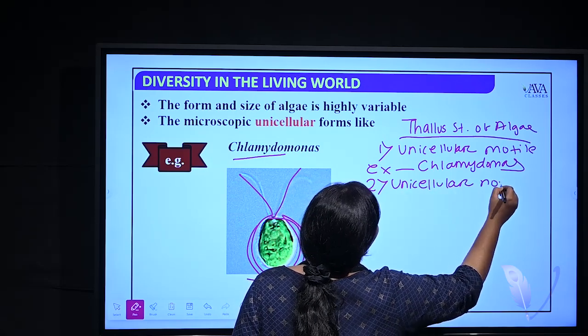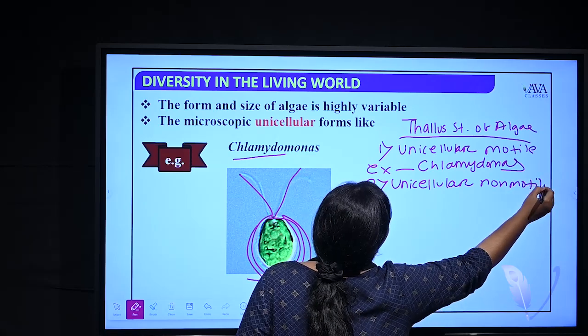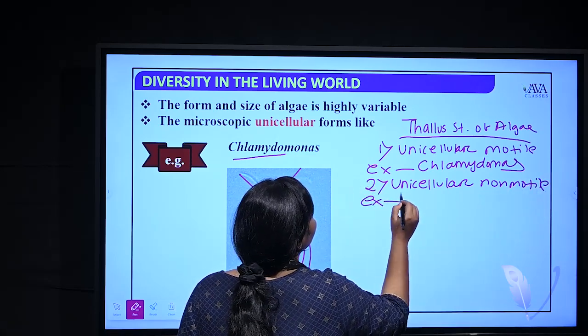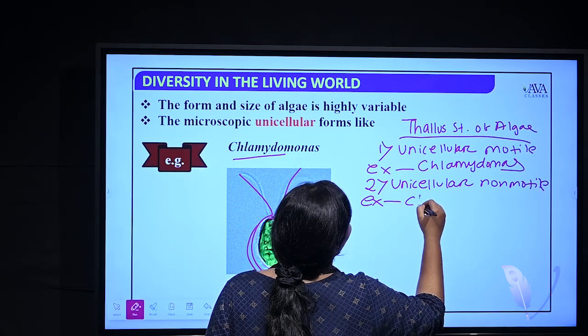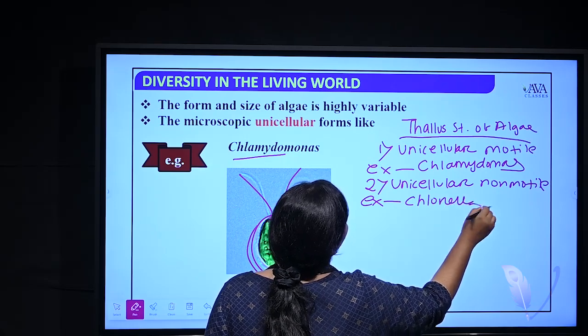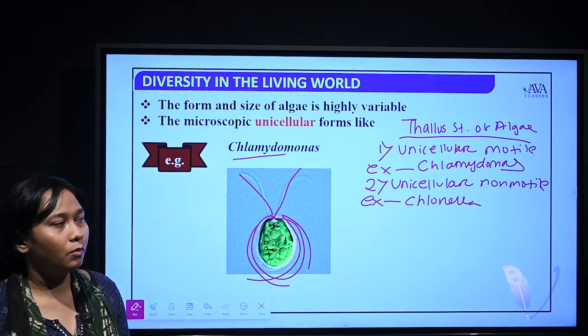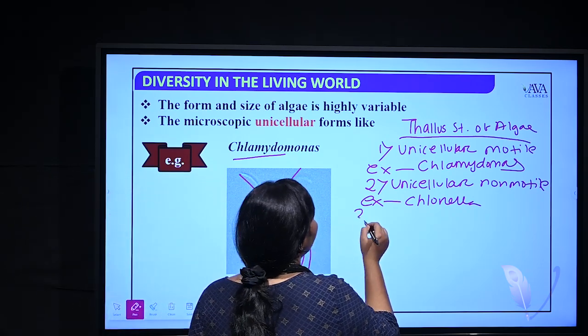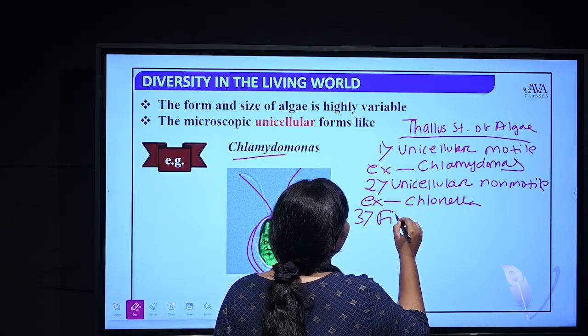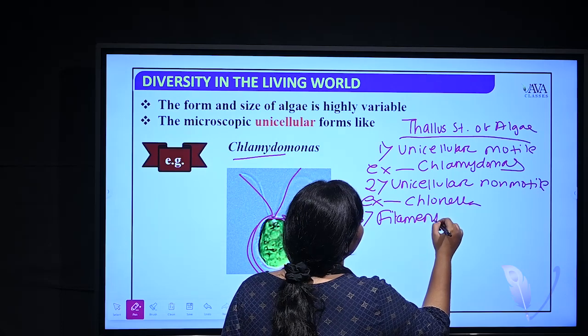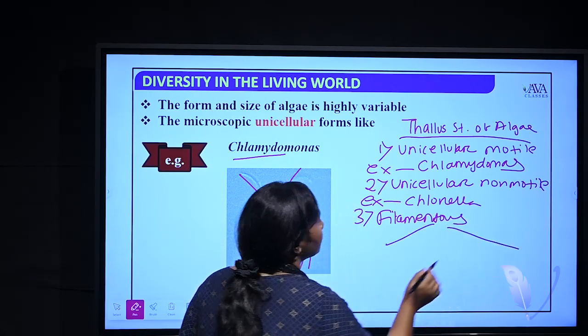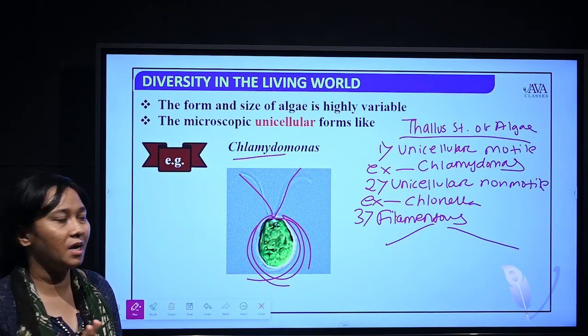Another can be unicellular non-motile, for example, your Chlorella, okay. There can also be filamentous forms, and filamentous forms can be branched as well as unbranched.